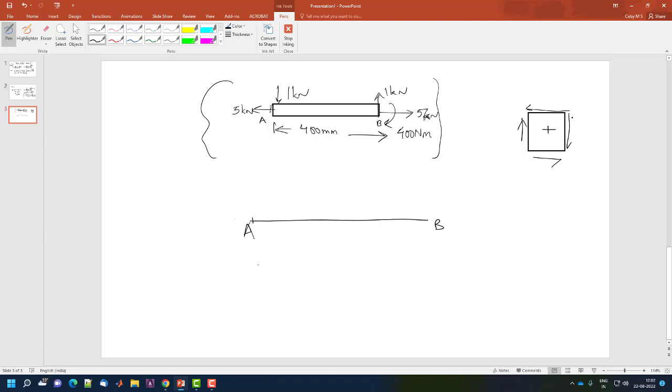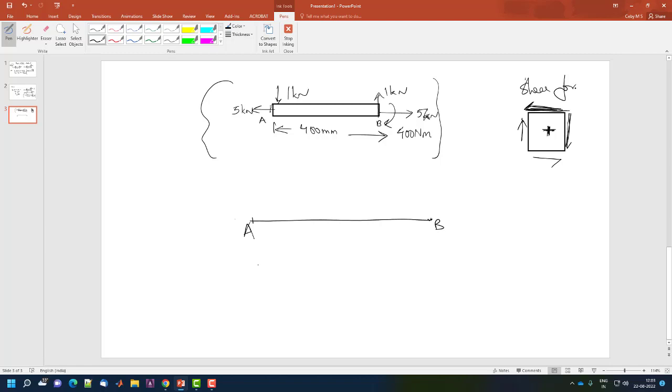On the right hand side it is going downwards, on the left hand side it is going upwards, and this is the configuration. Why it is in this configuration is because of the concept of complementary stresses. I hope that is clear to you, because it has to be in equilibrium, right? So the shear forces have to be in this direction, and accordingly the other directions. So here I have considered this as positive for the shear force.